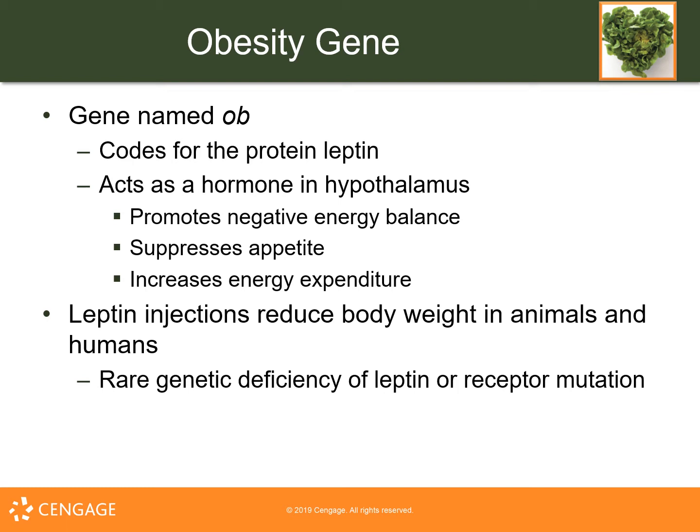Leptin injections reduce body weight in animals and humans. And there is a rare genetic deficiency of leptin or a leptin receptor mutation. Leptin resistance is a condition in which leptin levels are increased and leptin sensitivity is decreased.